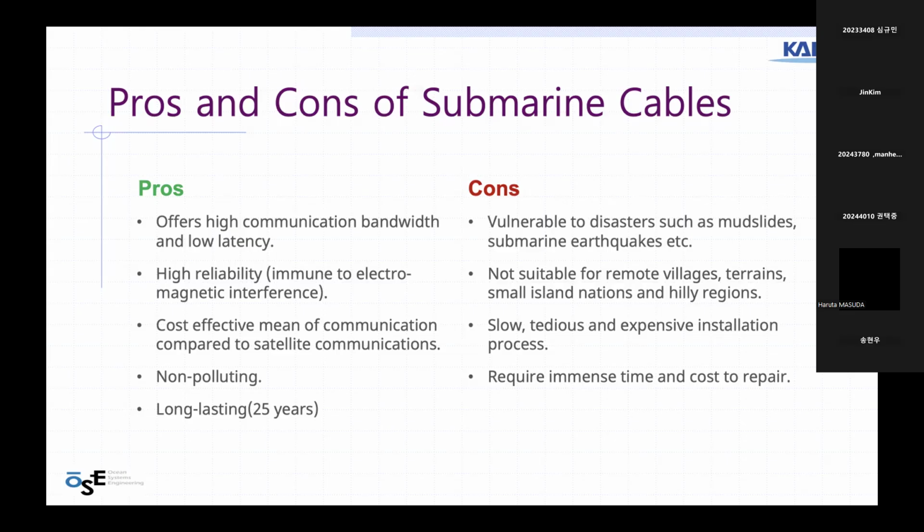It is vulnerable to disasters such as mudslides and submarine earthquakes, and incidents like the one we saw in the video previously. It is not suitable for remote villages and terrains, especially islands where few people live. The installation process is expensive, and when it is damaged, it can require immense time and cost to repair.